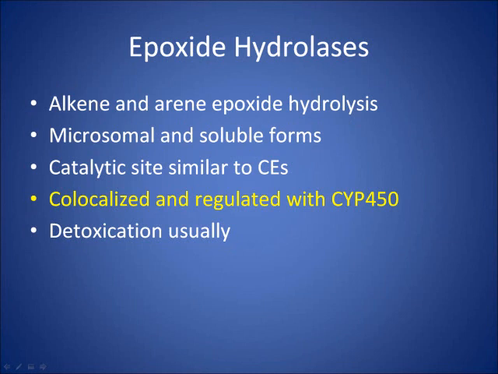The second way that these systems are coordinated is that the two types of enzymes are spatially located next to each other within the smooth endoplasmic reticulum. This results in the epoxide being handed off from the cytochrome P450 as it is being produced to the epoxide hydrolase, where the epoxide ring is immediately broken. As you can see, the role of epoxide hydrolase is generally a detoxifying one, although there are exceptions, as we will now see.